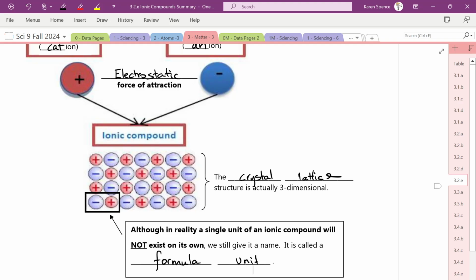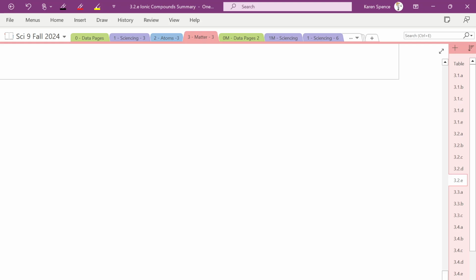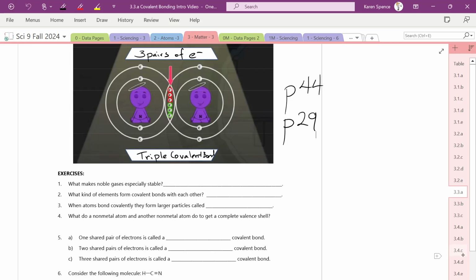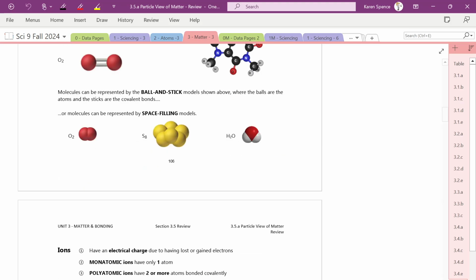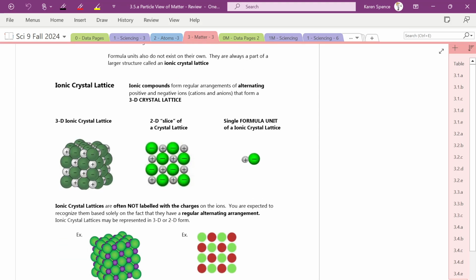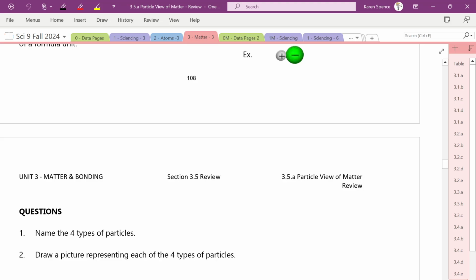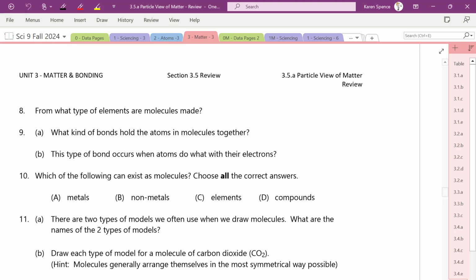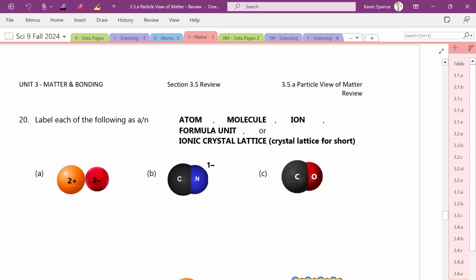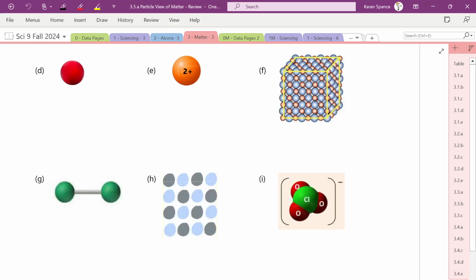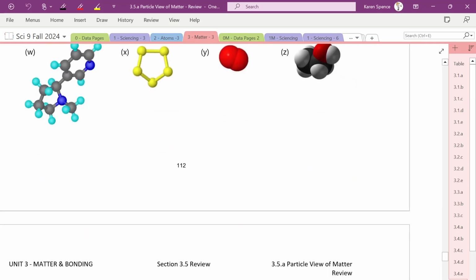Yeah. So you are going to be able to do, let's see, page 111 and 112.